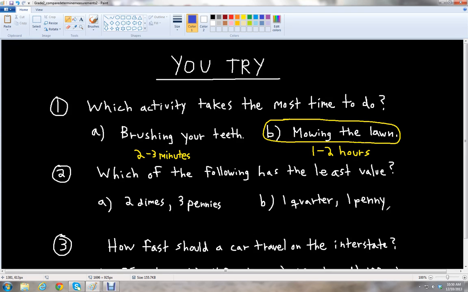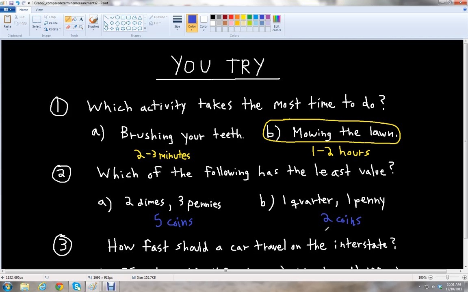So at first, we would kind of think, we've got 2 dimes and 3 pennies, so 5 coins total, and 1 quarter, 1 penny, so we have 2 coins here. So you kind of think maybe at first that the 1 quarter and 1 penny would be the least value because you have 2 coins, which is less than 5 coins.